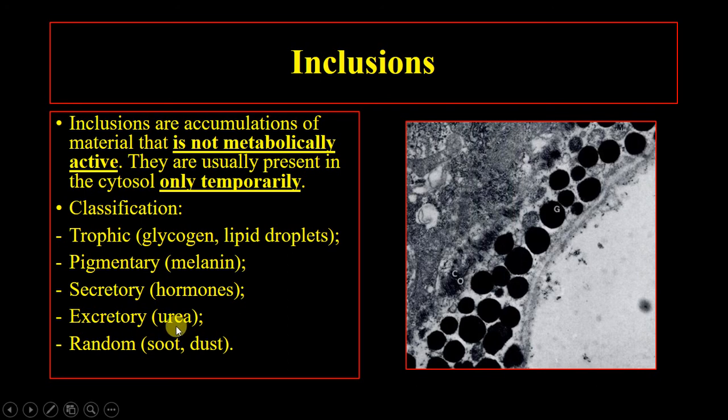And a very interesting type of inclusion is the random inclusion. These are substances which should not be in the cells, but sometimes we find them in the cell. For example, some inclusions such as soot and dust.